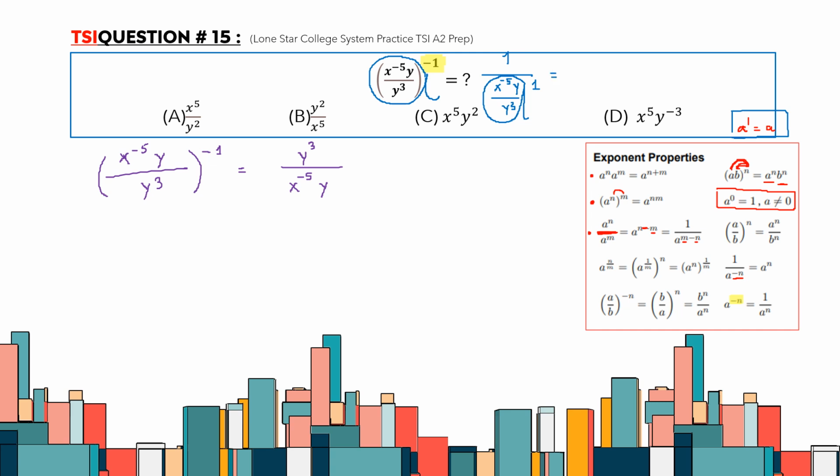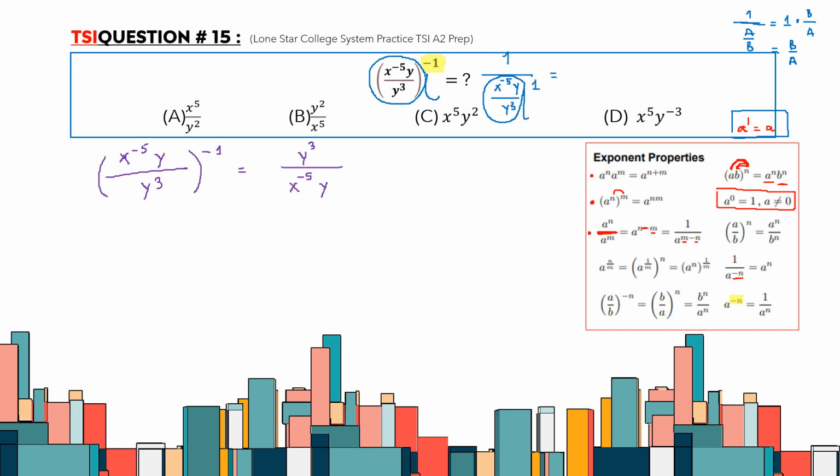Now we have 1 over a fraction, 1 over A over B, which means 1 multiplied by B over A, so that will be B over A. Here A is x to the power of negative 5 times y, and B is y to the power of 3.